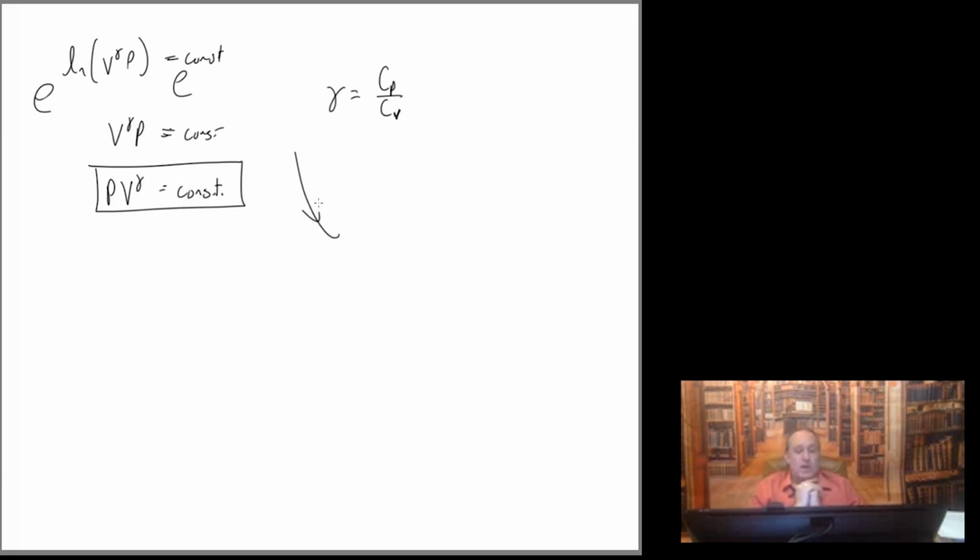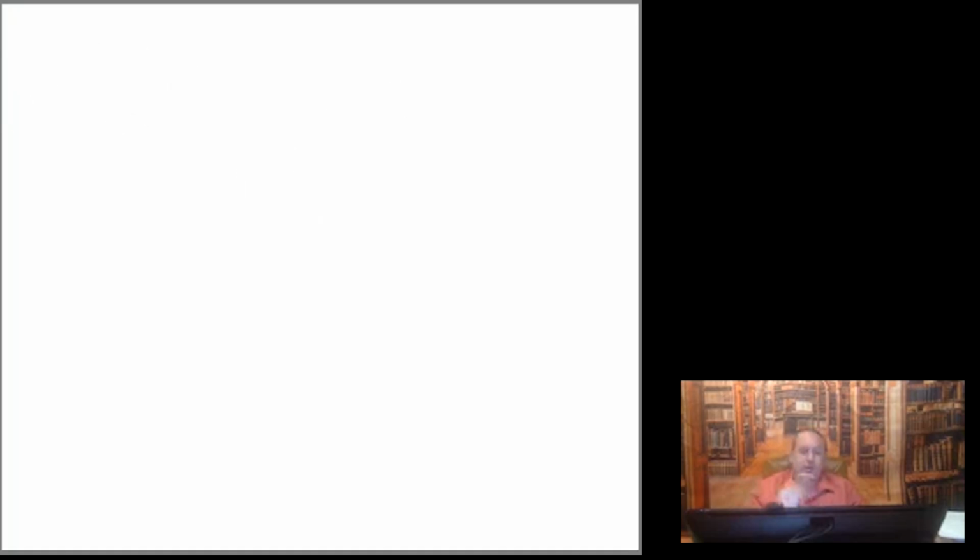Now we're going to do a practice on a very easy cycle so we can find out not just the work output of the cycle, but also the heat input and ultimately the efficiency. So suppose we have just a very simple rectangular cycle.